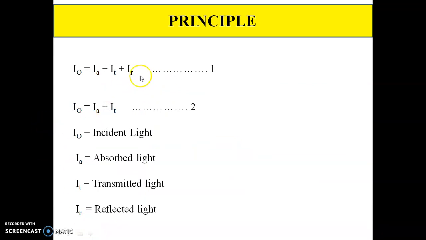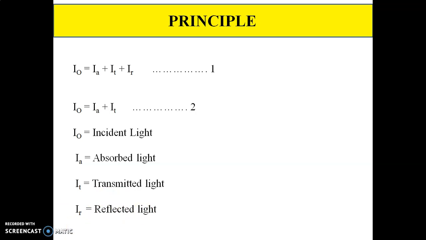So here is one equation. I0 is equal to IA plus IT plus IR. I0 is the incident light, IA is the absorbed light, IT is the transmitted light, whereas IR is the reflected light.